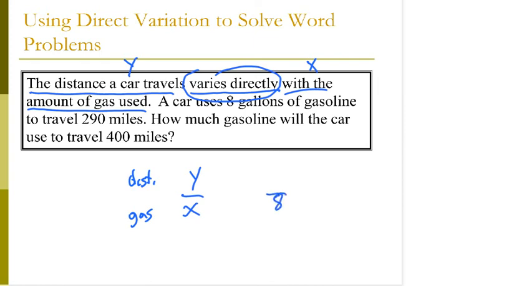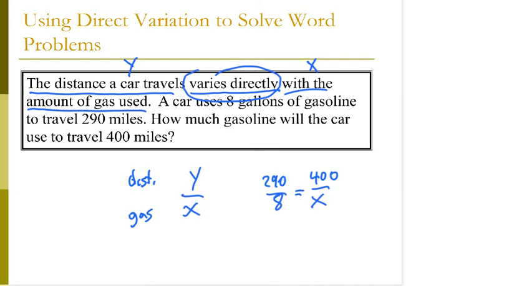So we have to figure out how to answer this question. We could simplify the ratio on the left to be 145 over 4, and that's still equal to 400 over x. And we can use the cross product.